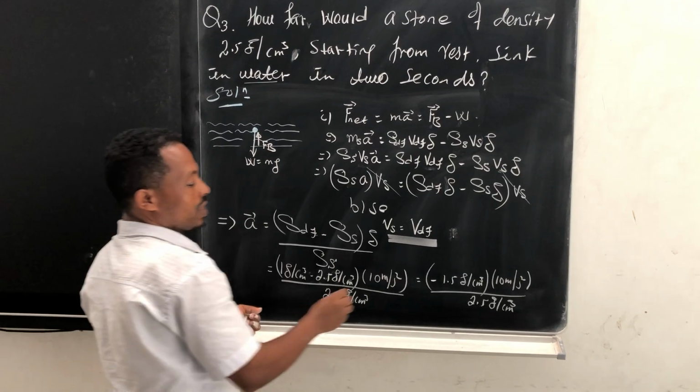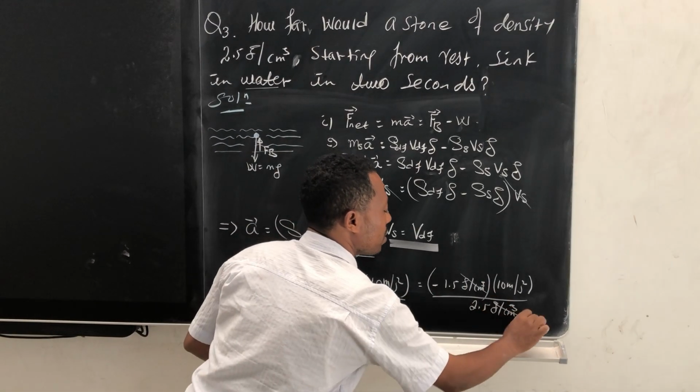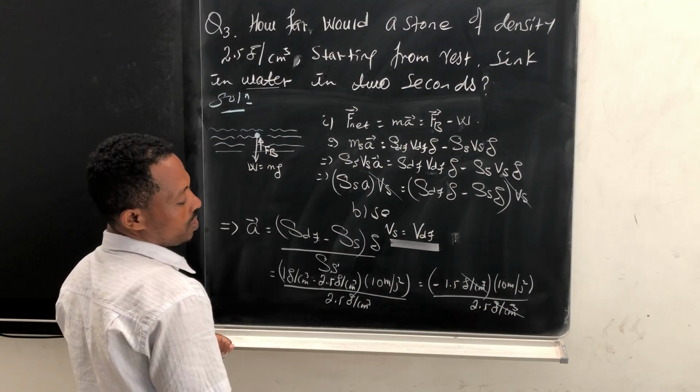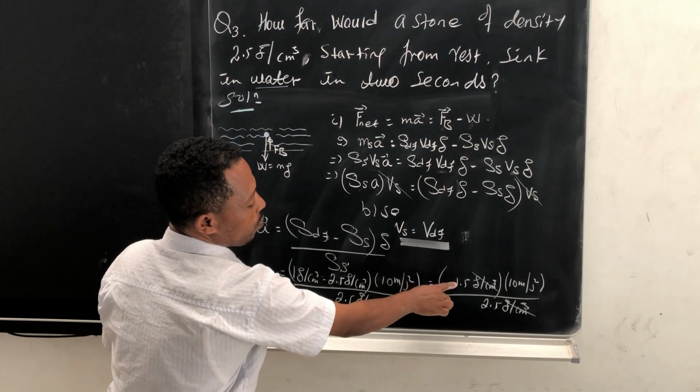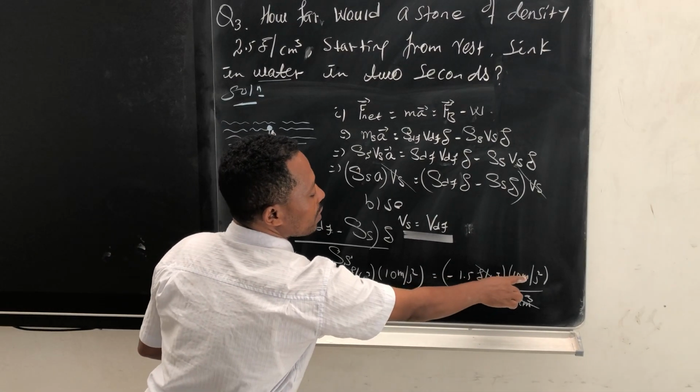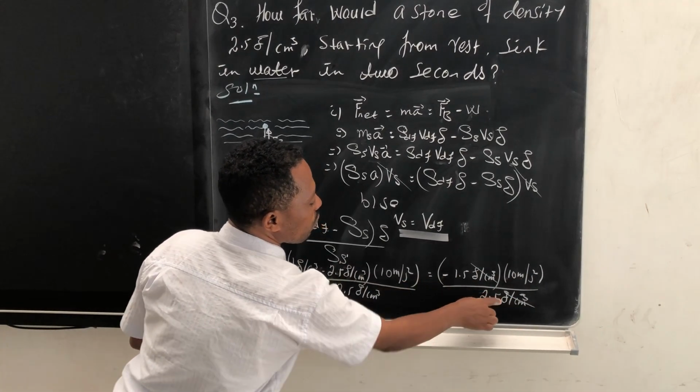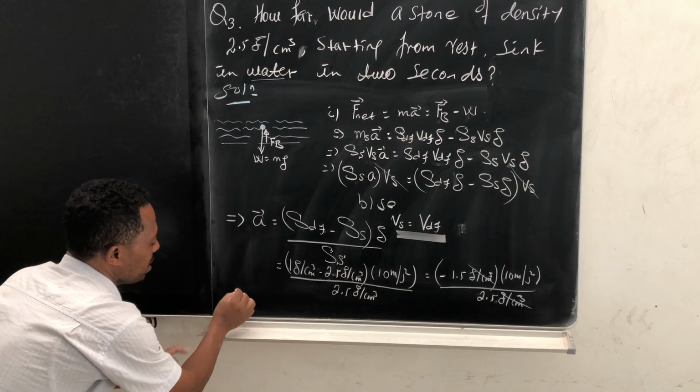Now, gram per cubic centimeter cancels. What remains here is negative 1.5 times 10 meter per second squared over 2.5.